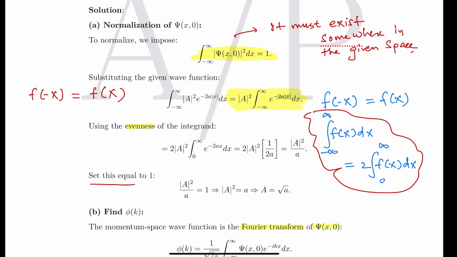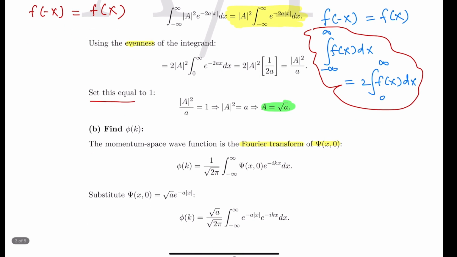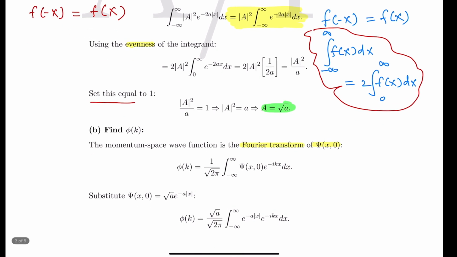This is a pretty good shortcut, and this is going to be equal to 1, and in that way the normalization constant is nothing but root a, root small a.